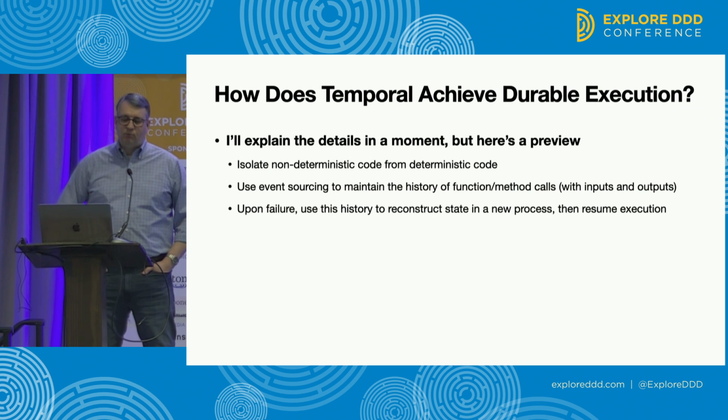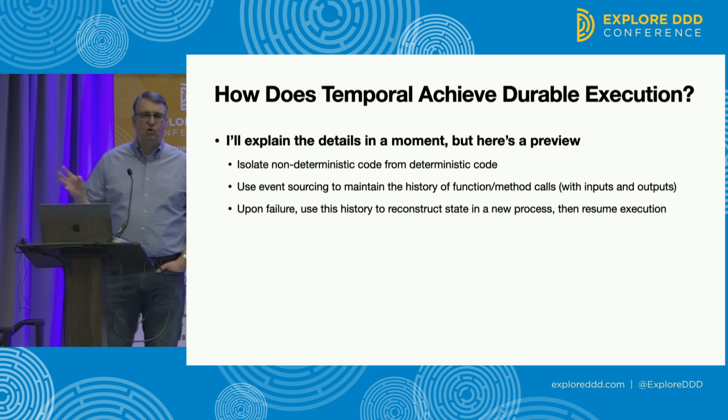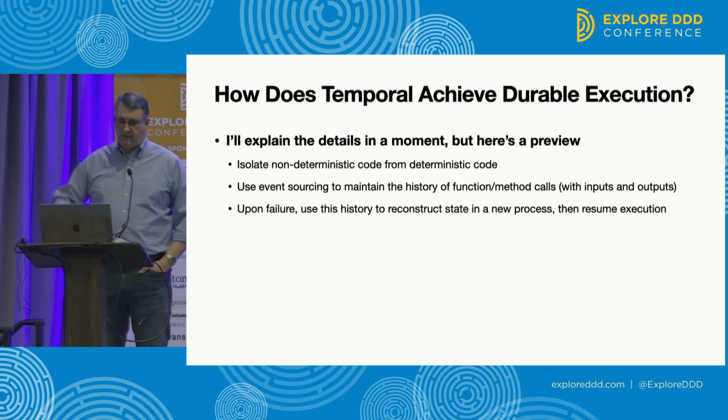So the way that Temporal achieves durable execution, I'm going to go through the details in a moment, but I want to give you an overview of it first. The first thing it does is it isolates the non-deterministic code in your application from the deterministic code in your application. The next thing it does is it uses event sourcing to maintain a complete history of the various function and method calls that you make.